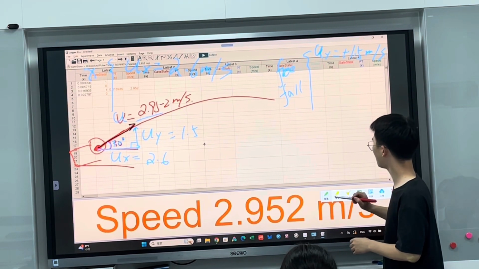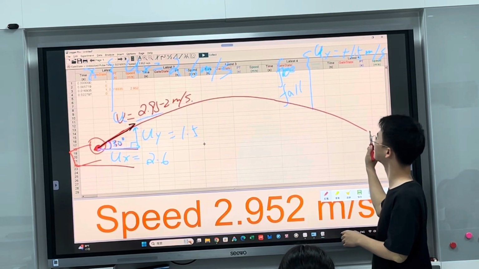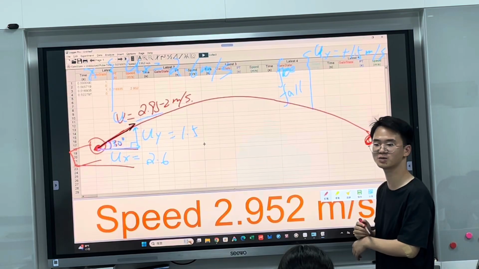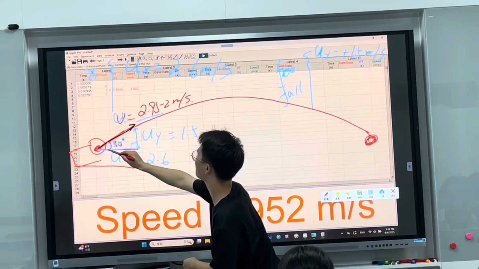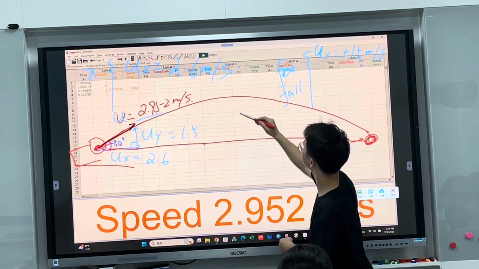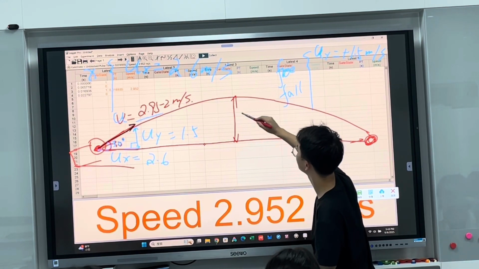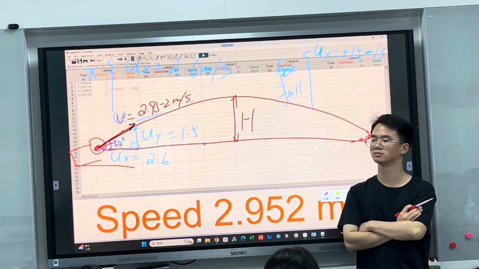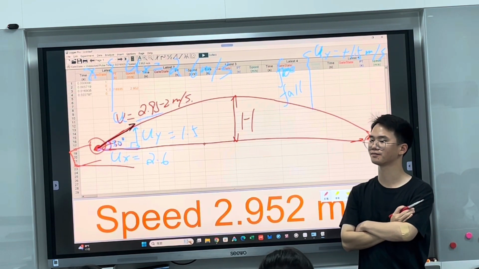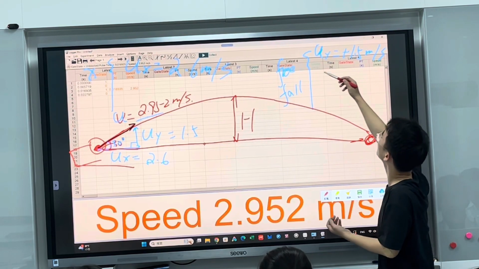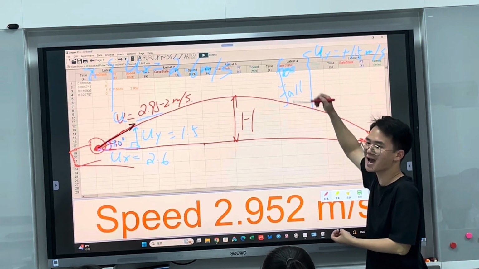So, what if I wanted to find out, before this projectile reached the ground, how far horizontally it has traveled, and what's the maximum height it can reach? How can we do that? SUVAT in y, to find out the height. Alright, so what do we know in the y direction?